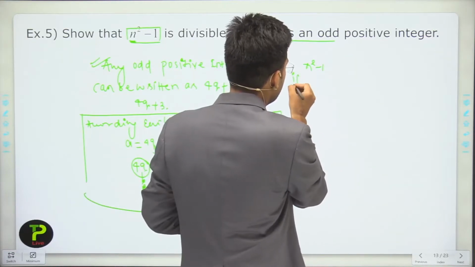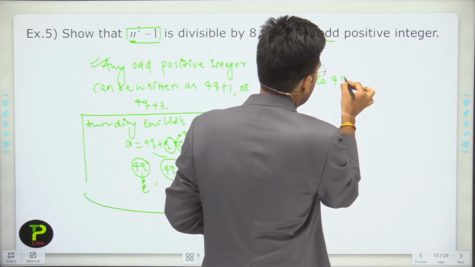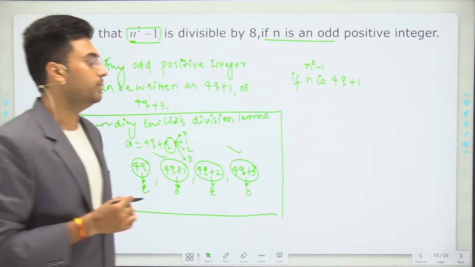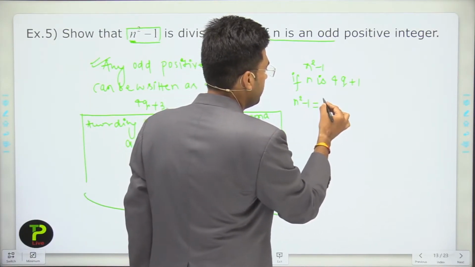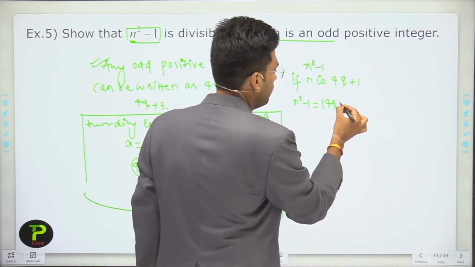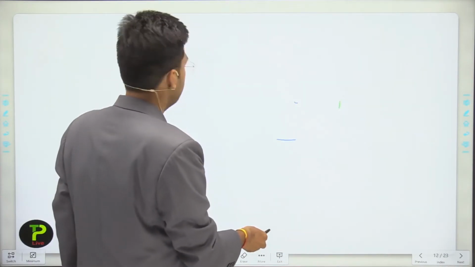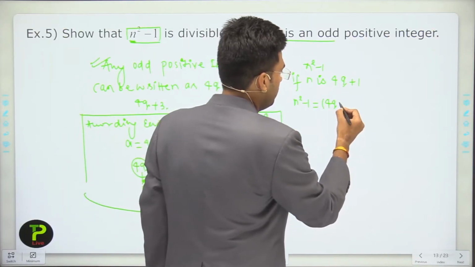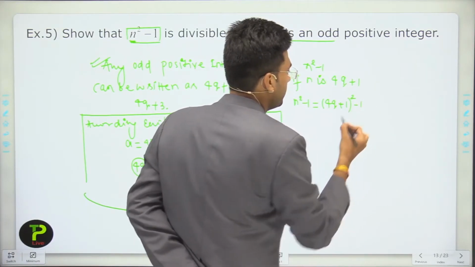If n is 4q plus 1, then n² minus 1 is equal to (4q plus 1) whole squared minus 1.